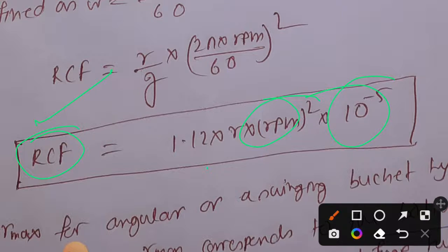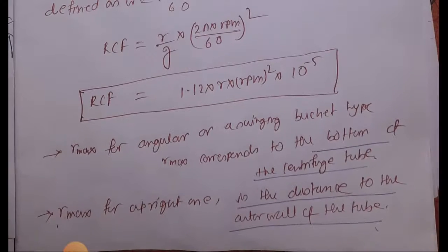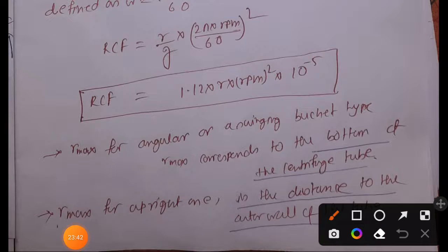Here the only thing that can be constant, if we consider maximum or minimum, is the small r, because rpm has no upper limit. We can use any speed to rotate. So instead we choose small r for standardization. The maximum value of small r, in case of an angular or fixed angle or swinging bucket rotor, is from the center to the bottom of the centrifuge tube.